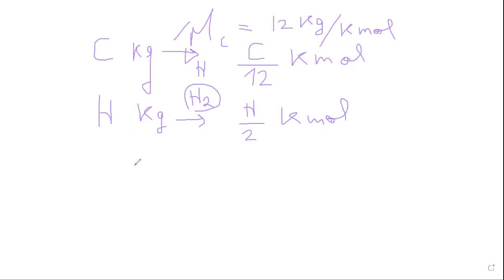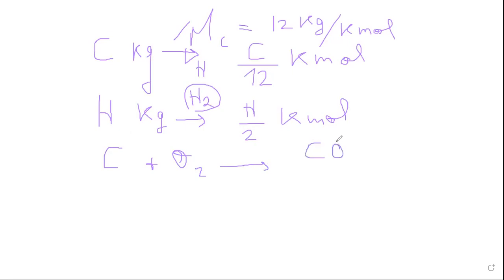When you have a combustion, what are the main two reactions that take place? We know that carbon will do reaction with oxygen O2 in order to form the molecule CO2.